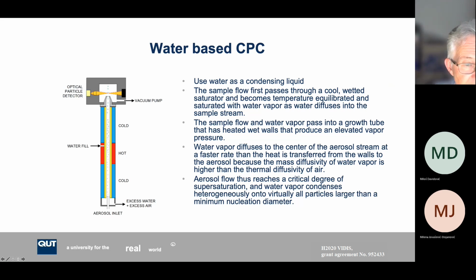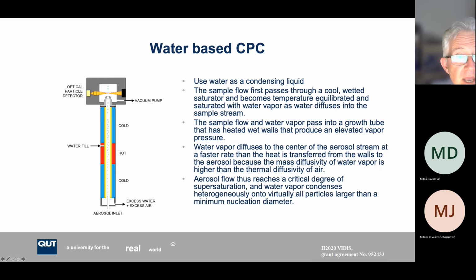So what you actually get in the center of the tube is a higher concentration of water vapor than you would get in the cold region, but still a small supersaturation ratio.